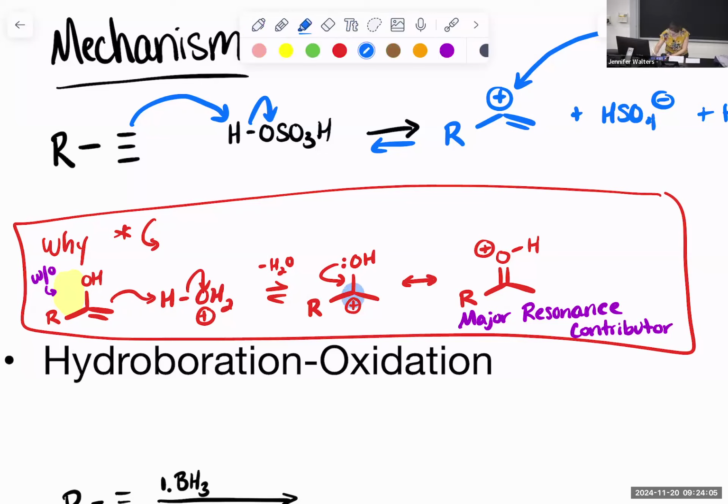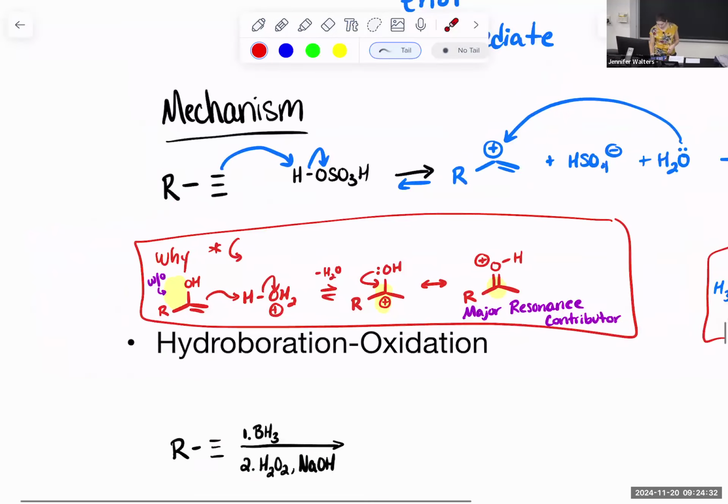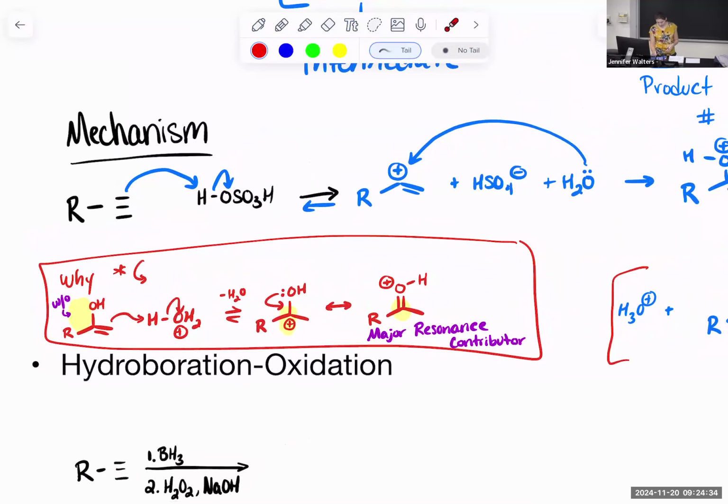The reason why is that I have an incomplete octet when I have the carbocation. So even though I am giving a positive charge to the more electronegative atom, that usually is like ooh, we don't want to do that. But the most important thing is filling our octets, especially for carbon. Carbon wants a full octet. So if you get a resonance structure where carbon can have a full octet, that is what we are doing.